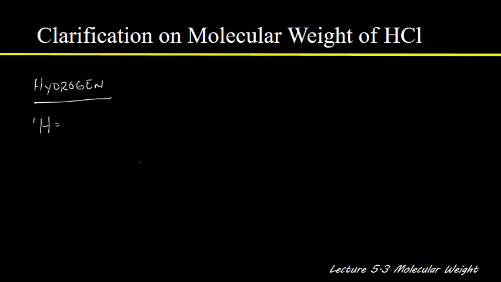The hydrogen 1 isotope is the most common, and this has an abundance of about 99.99%. So essentially all hydrogen atoms are hydrogen 1, and this has a mass of 1.008 atomic mass units. Now, chlorine, on the other hand, has 2 common isotopes.